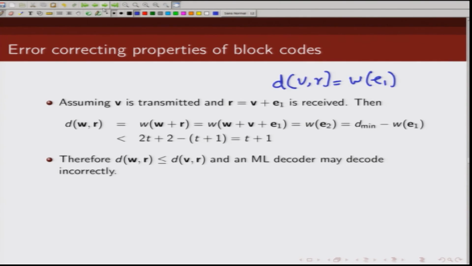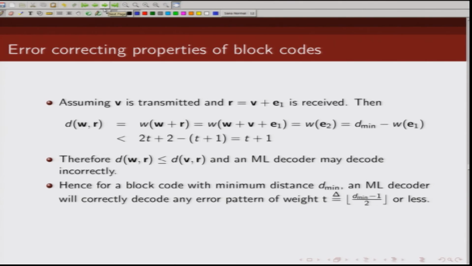So, what we have shown here is Hamming distance between W and R is less than t plus 1, whereas Hamming distance between V and R is greater than or equal to t plus 1.